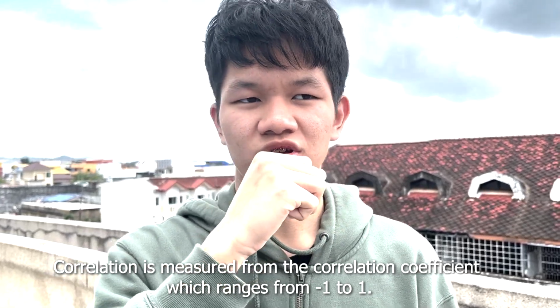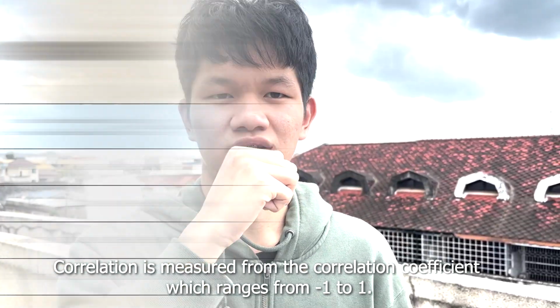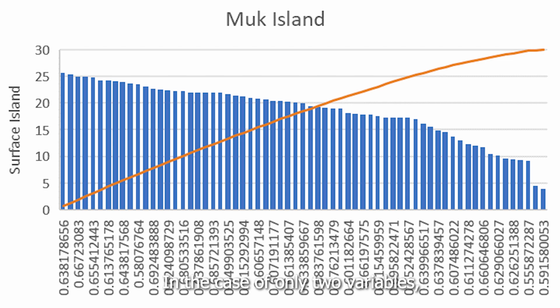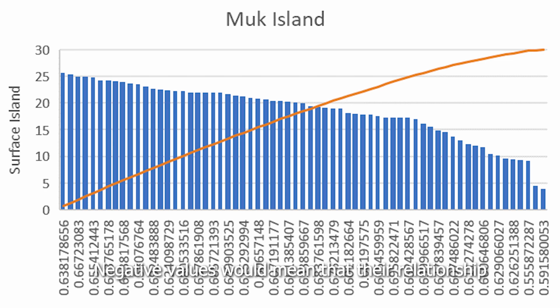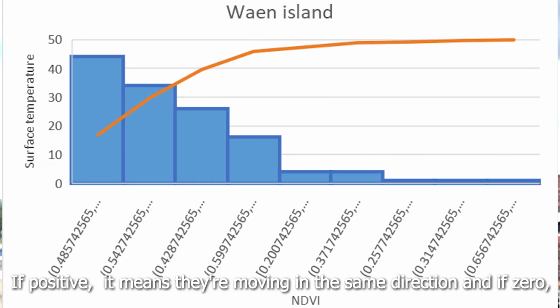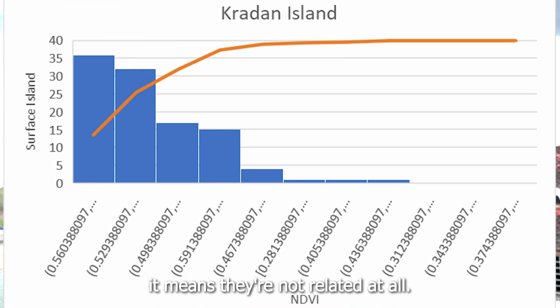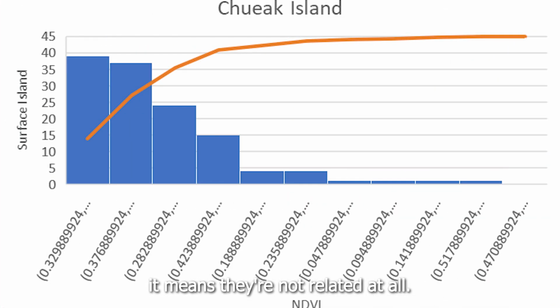Correlation is measured by the correlation coefficient, which ranges from -1 to 1. In the case of only 2 variables, negative values would mean that their relationship is inverse, or in opposite directions. If positive, it means they are moving in the same direction, and if zero, it means they are not related at all.